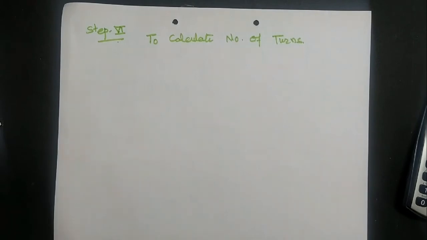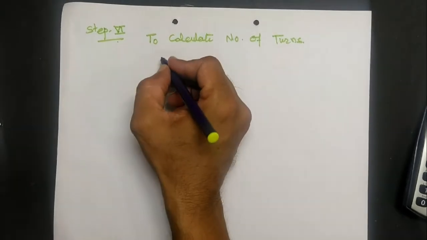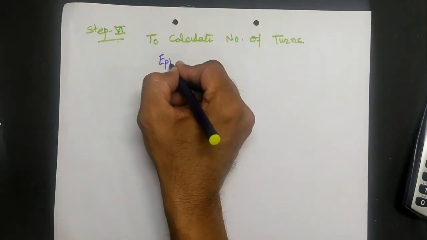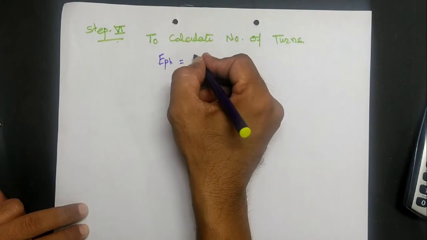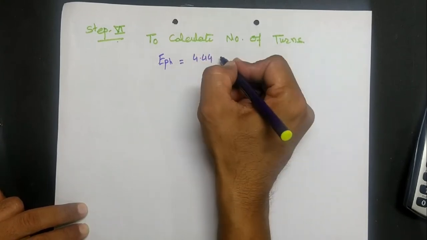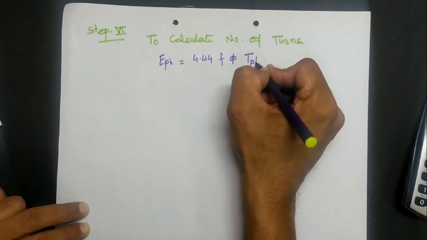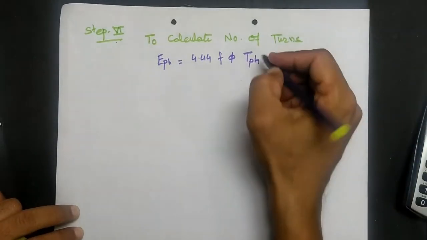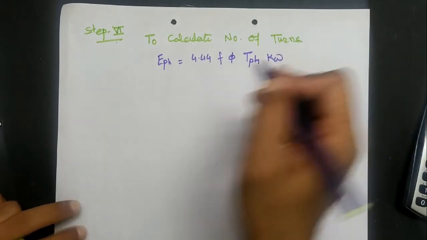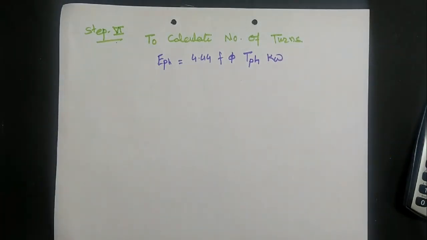For calculating number of turns, we have one equation, and that is per phase voltage E phase equal to 4.44 f phi T per phase kW, that is our equation. To find out per phase voltage, terminal voltage is given as 11 kV, and it is given that stator is connected in star.